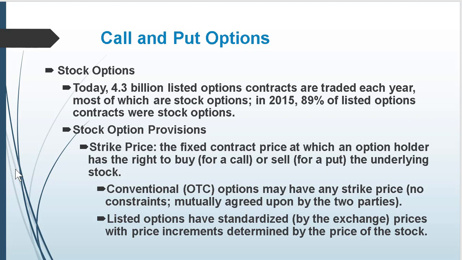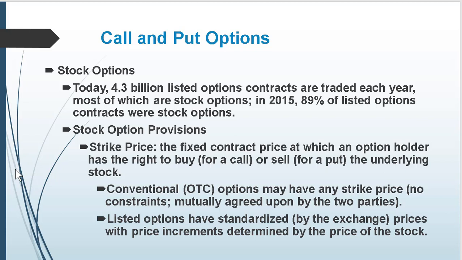We've talked about the strike price, right? This is the fixed contract price. Conventional options can have any strike price. It could be any dollar value you can think of, as long as it's agreed upon by the two parties. But as I mentioned, listed options have standardized prices and price increments.